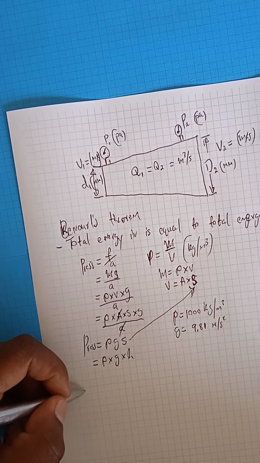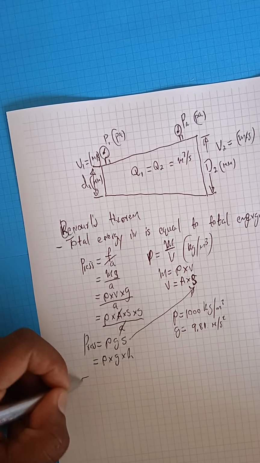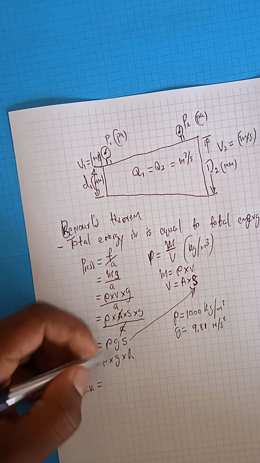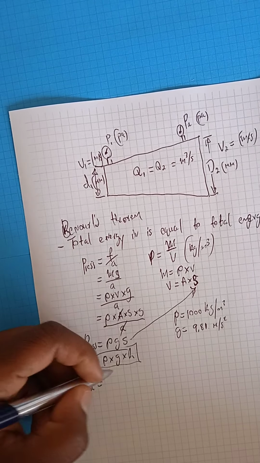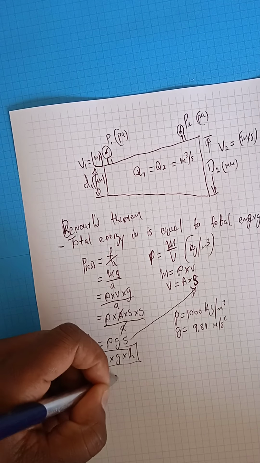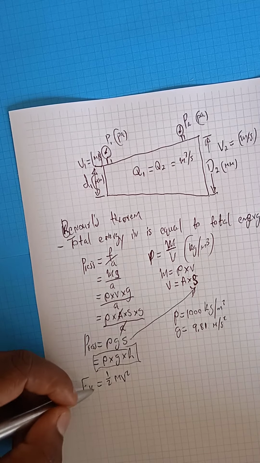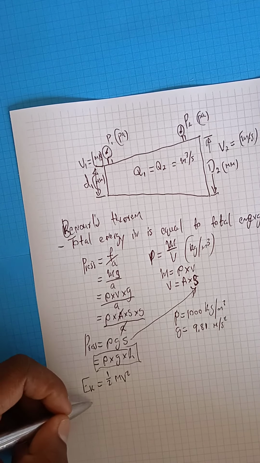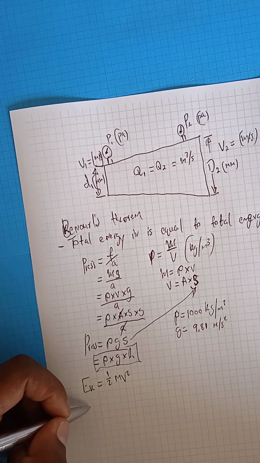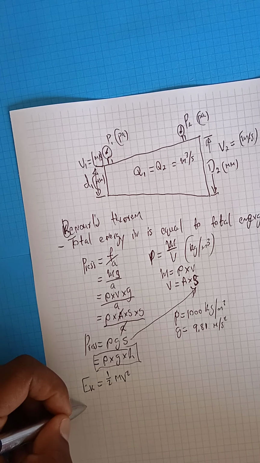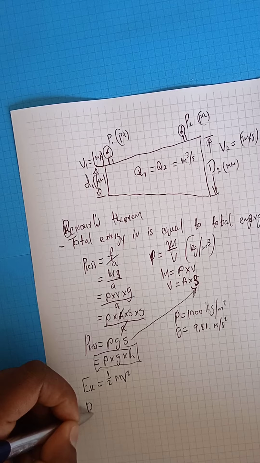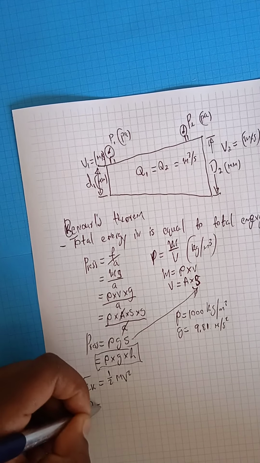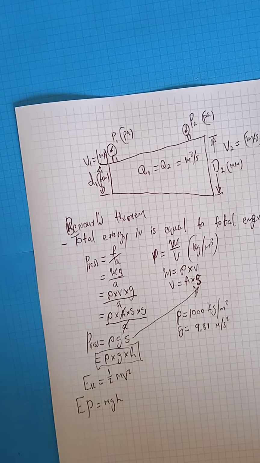Right, we're going to look into kinetic energy. EK, we say it's equal to 1 over 2 mv squared. Therefore, V represents the velocity. We also look into potential energy. Potential energy is equal to mgh.